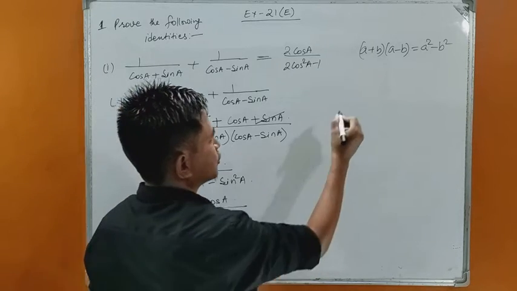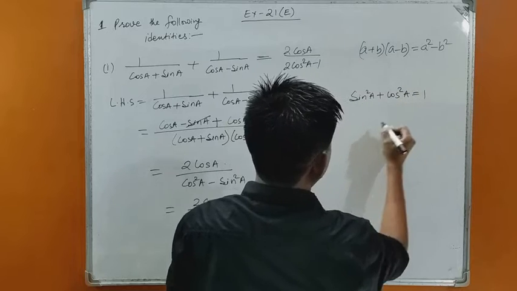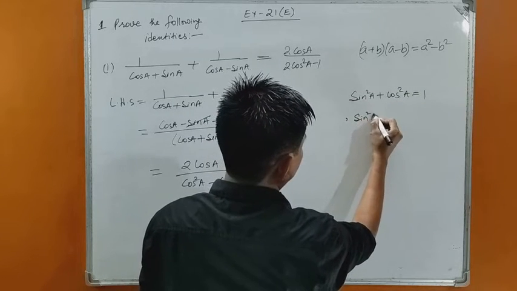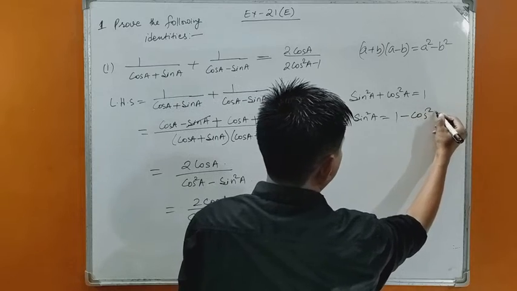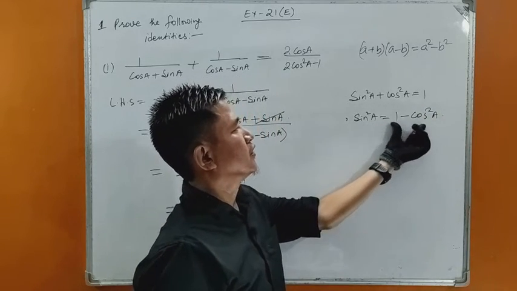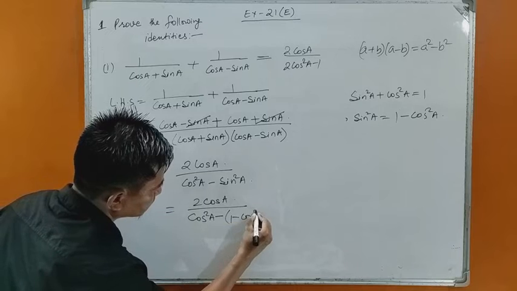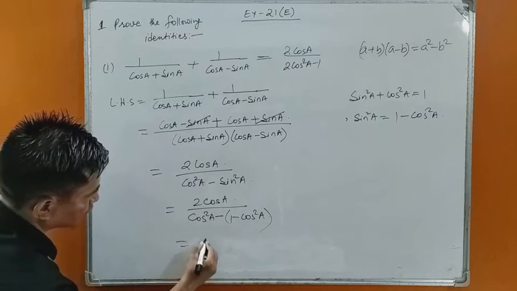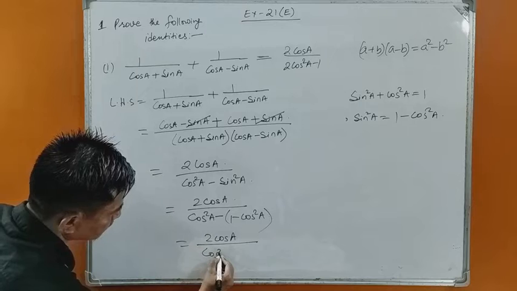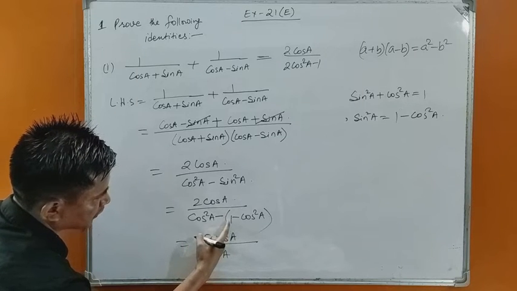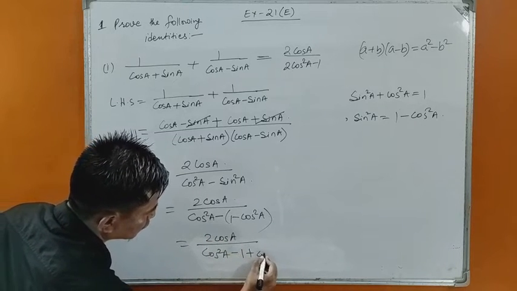Now sin square A: since we know that sin square A plus cos square A equals 1, sin square A equals 1, and plus cos square A, if you take it to the right hand side, becomes minus cos square A. So instead of sin square A, you can write 1 minus cos square A. So we have 2 cos A in the numerator, and in the denominator cos square A minus into plus, there is plus sign in front of 1, minus into plus, minus 1, minus into minus, plus cos square A.